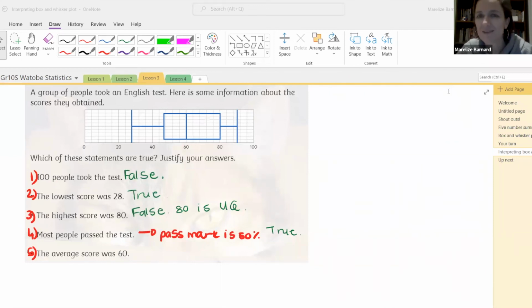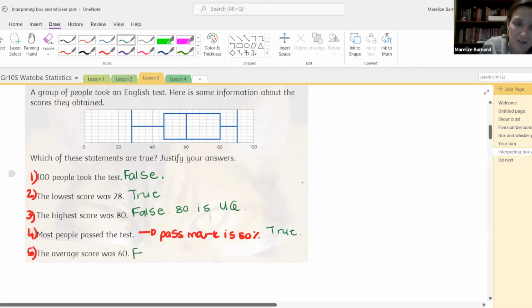Yes, Anamika, it's false. Quirin also says it's false. Exactly. How can we calculate the mean if we don't know how many people actually took the test? So 60 is not the average. 60 is the median, the middle score.